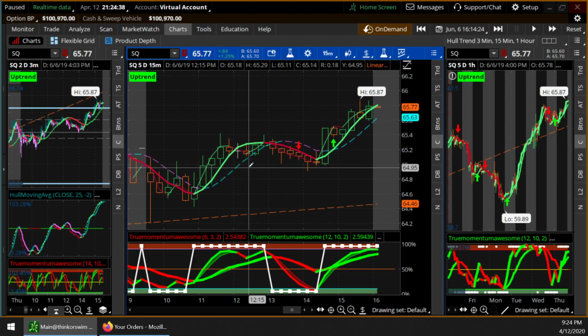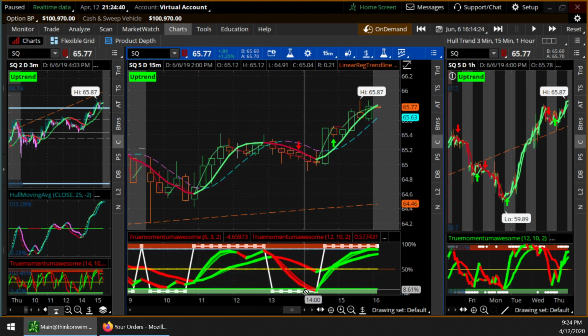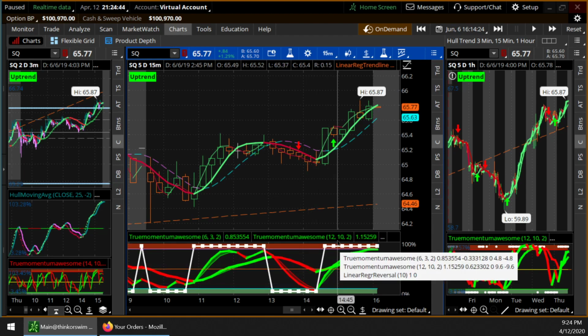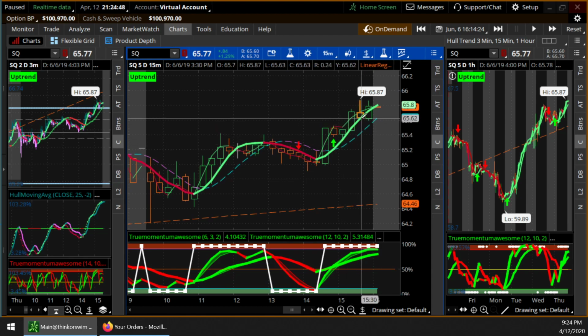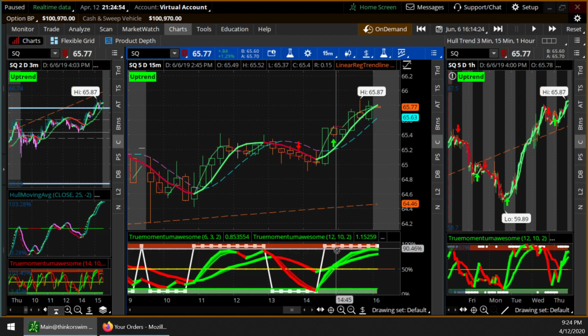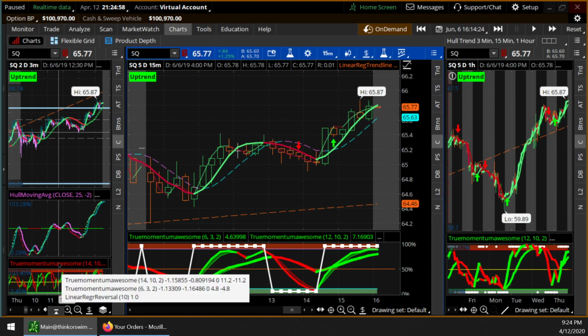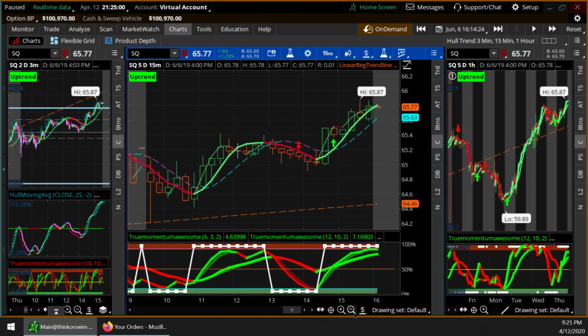Now, again, not always perfect. I always recommend to get in as soon as you see it go up, because as soon as you see it go up, that indicates that the trend is starting and is stronger than if you were to wait until like through here. But again, use it as you will. I only like this reg reversal on the bigger charts. For the shorter time frames, it jumps back and forth too much, and by the time you get it all lined up, it's just pointless in my opinion.